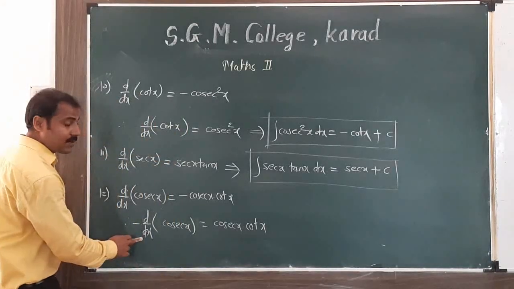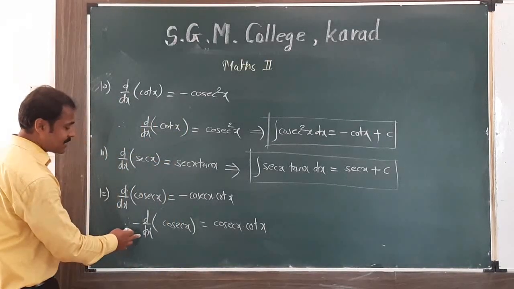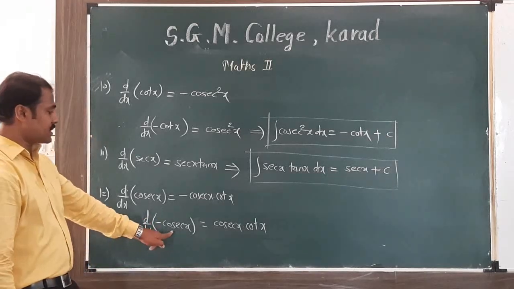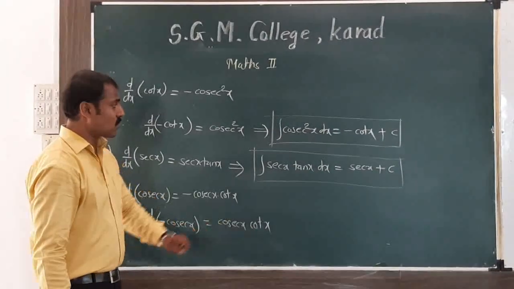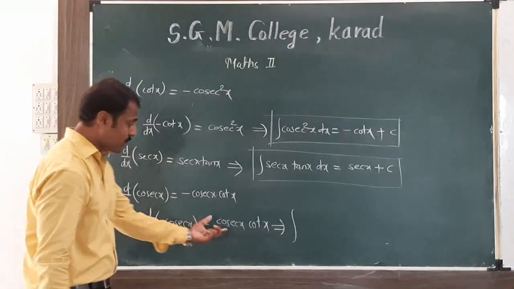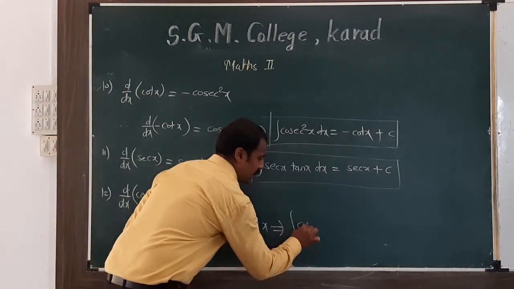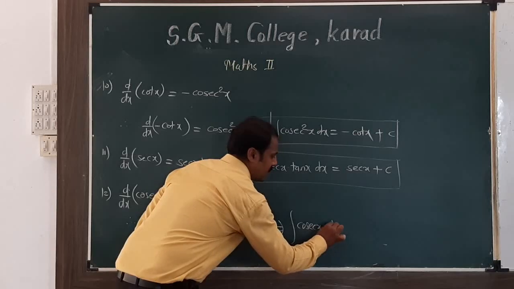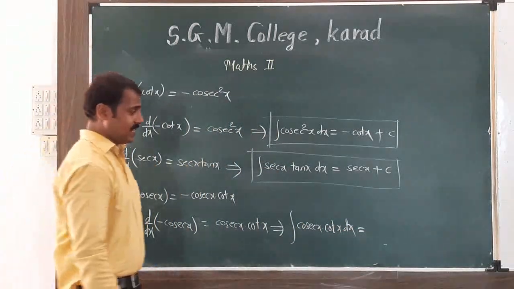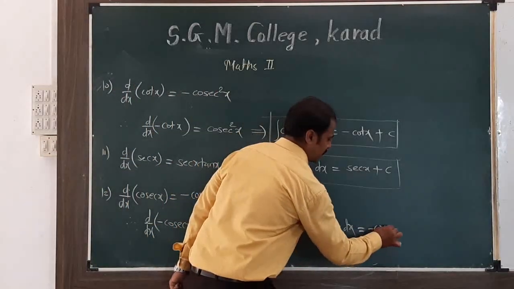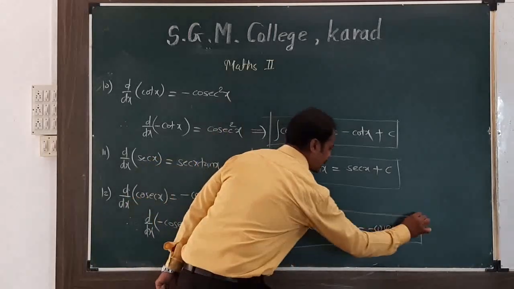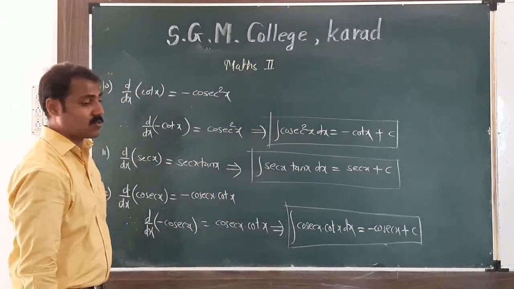Now here in LHS minus sign is outside the derivative, take inside the derivative. So d/dx of minus cosec x is equal to cosec x into cot x. It implies that integration of cosec x into cot x with respect to x is equal to minus cosec x plus c. It's our new formula: integration of cosec x into cot x dx is equal to minus cosec x plus c.